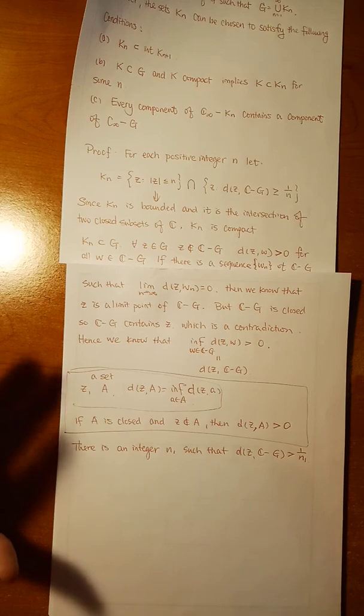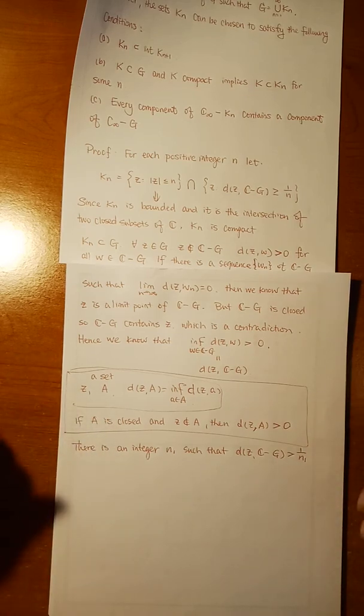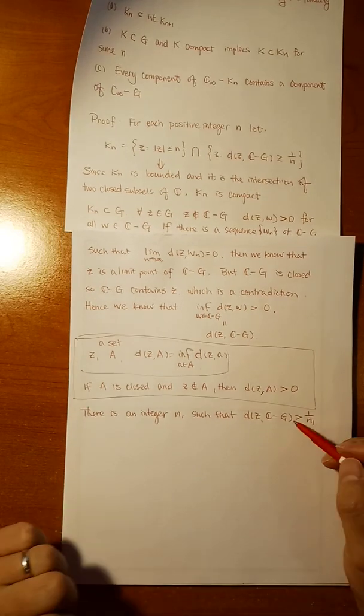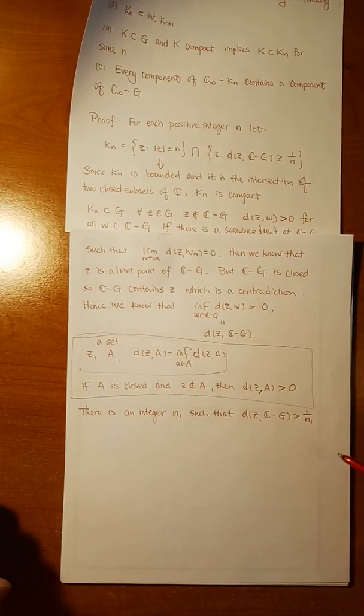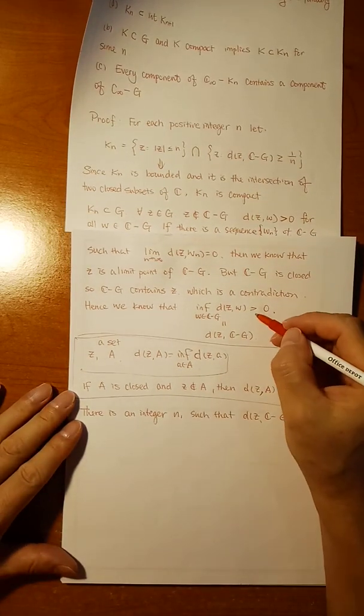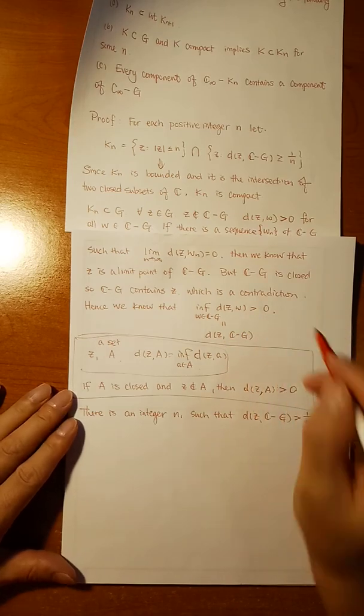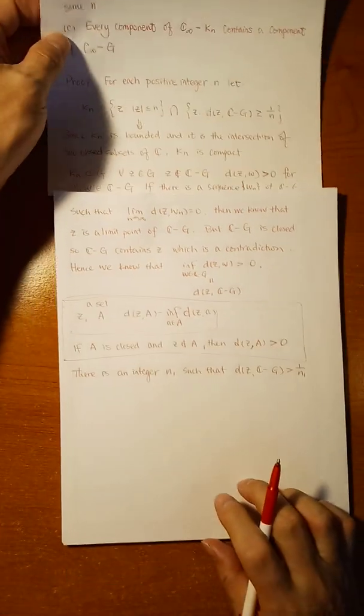N is very, very big. When n is very, very big, 1 over n will be small. When n is big enough, this 1 over n1 will be small enough, so it can be less than the distance. Okay, so you have to know this distance is strictly positive, not greater than or equal to.